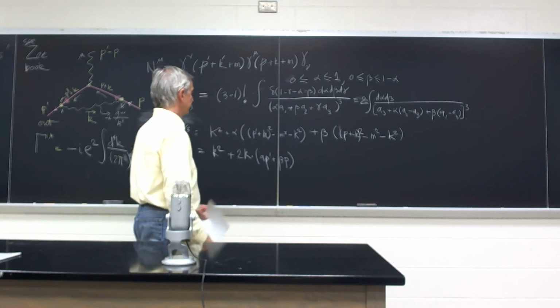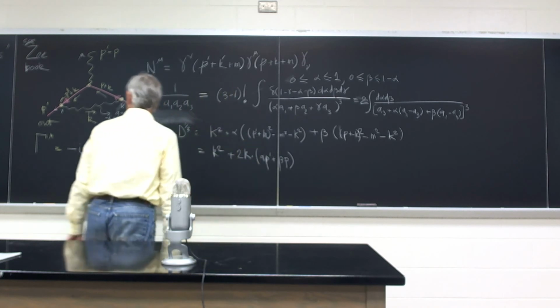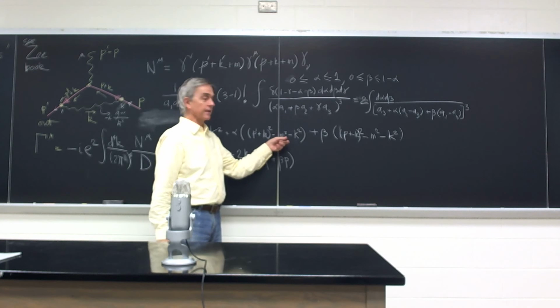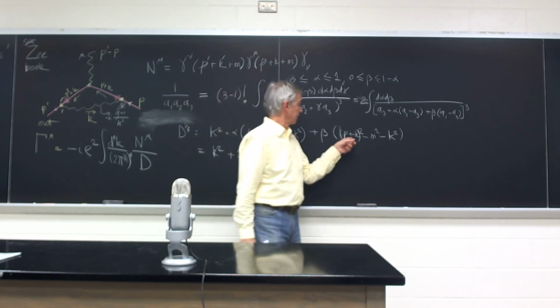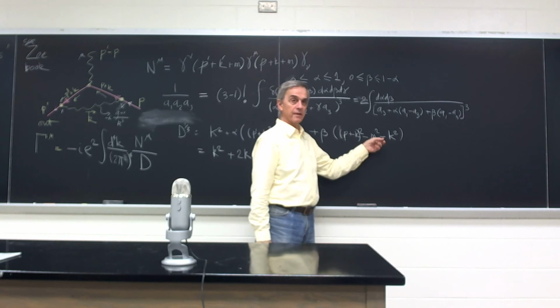Then p prime squared is a mass shell momentum, so that cancels this m squared. And p squared is a mass shell momentum, so that cancels this m squared.